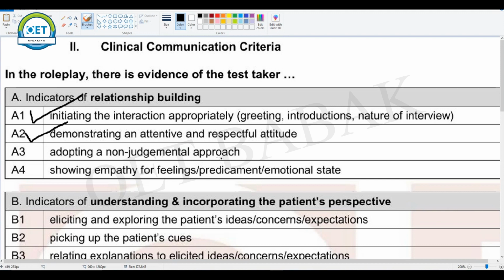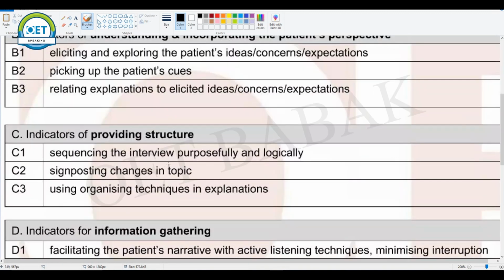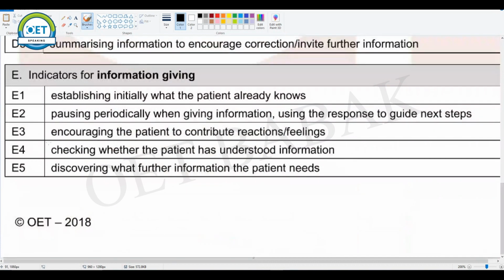Adopting a non-judgmental approach, good. Showing empathy for feelings, predicament, emotional state, good. So you get marks here, and so on. They carry on, and when they listen, they look at your performance.